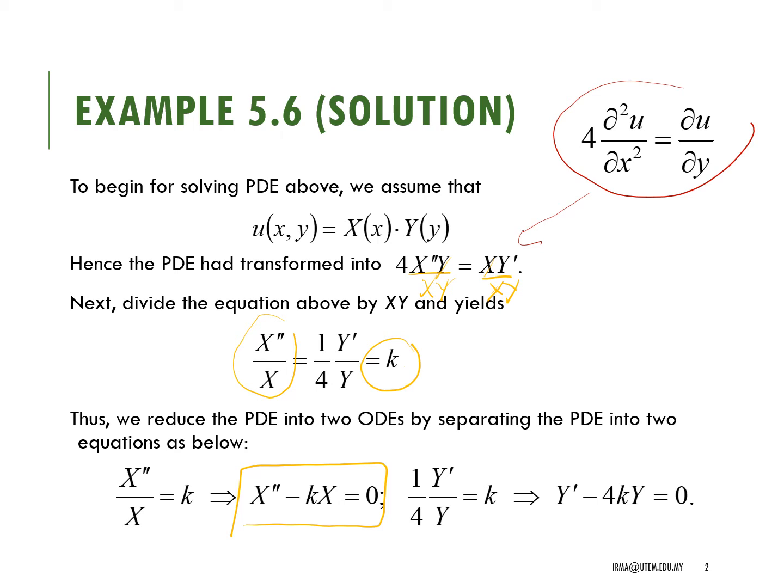For Y, we can rearrange and it becomes Y' minus 4kY equal to 0. Now you have two separable equations, and you need to solve the separated equations by considering all three cases.